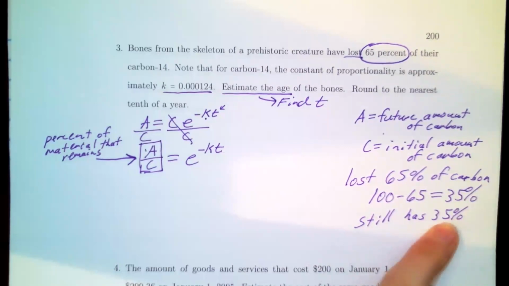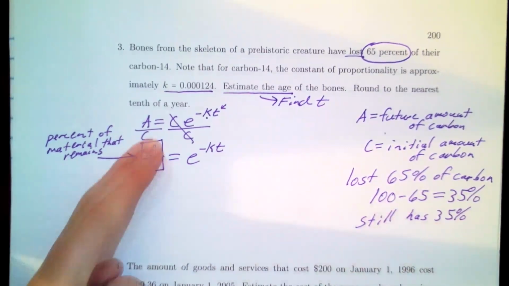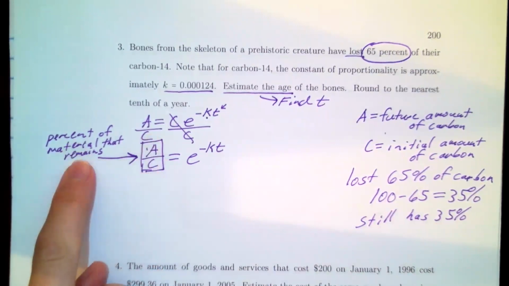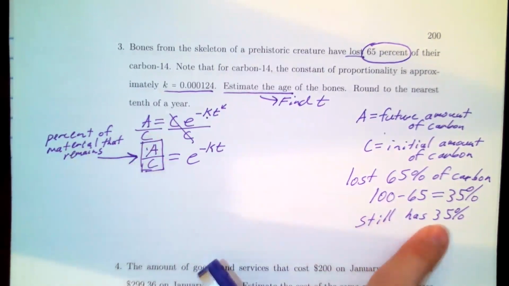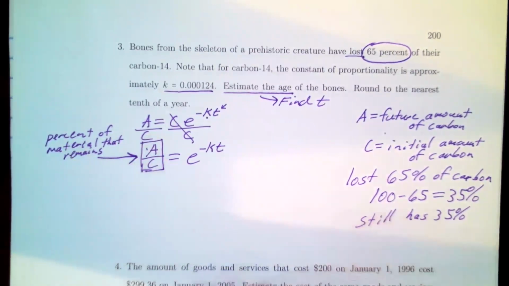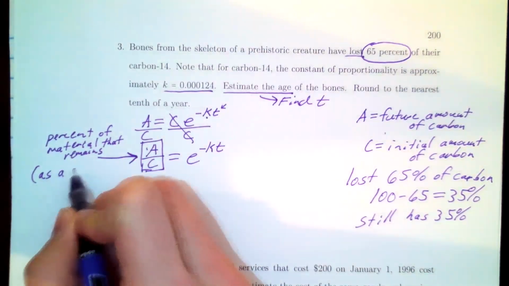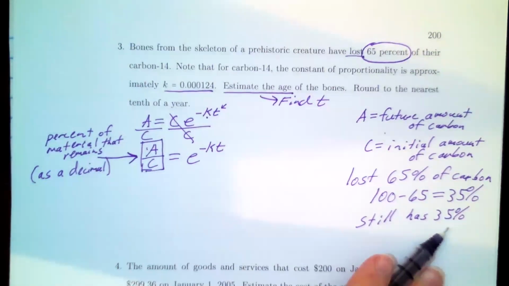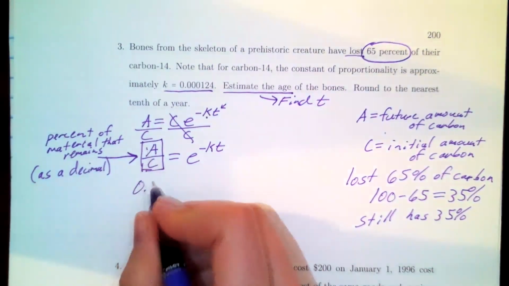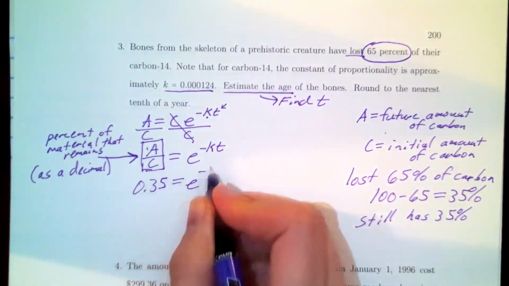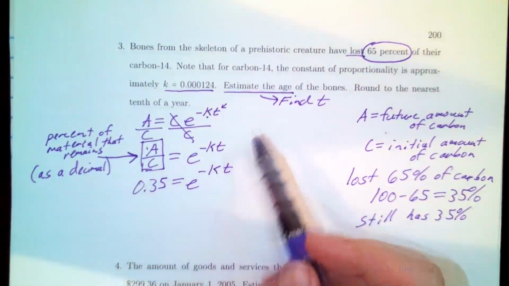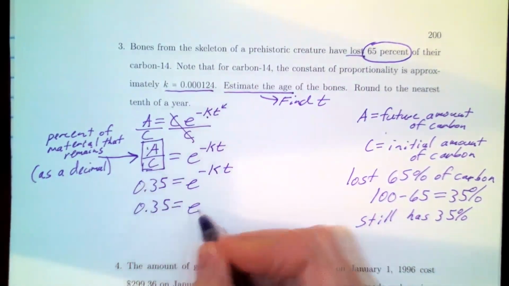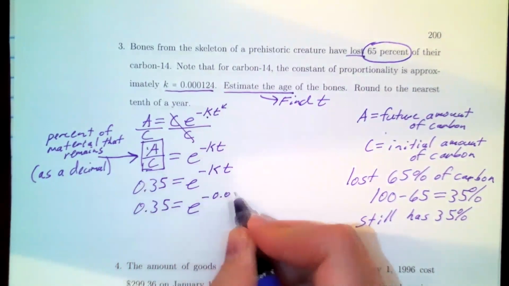That is the percent that I want to put in for this A divided by C fraction. The only thing is that you have to make sure that you put it in as a decimal, not as an actual percent. So A divided by C, change 35% to a decimal. A divided by C should be 0.35. And then I can plug in my K now and be on my way to solving for T, the time.